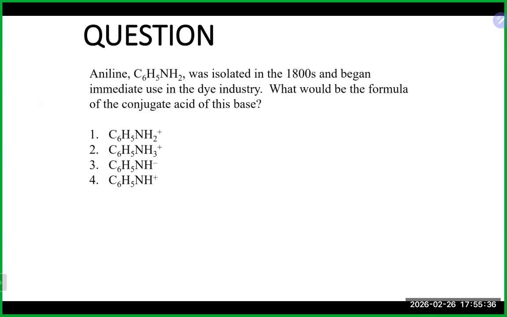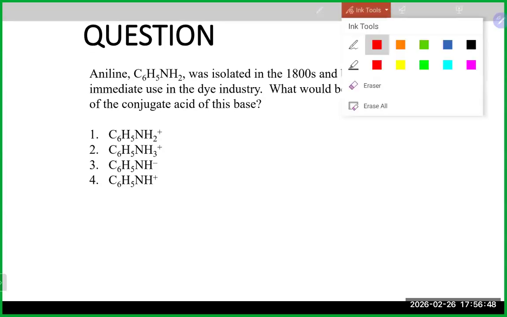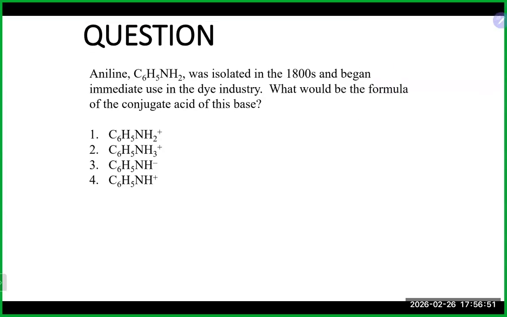So let's take a look at this one. Aniline is C6H5NH2. What would the conjugate acid be in this case? Okay, so hopefully you know in this situation we're only talking about an H plus.